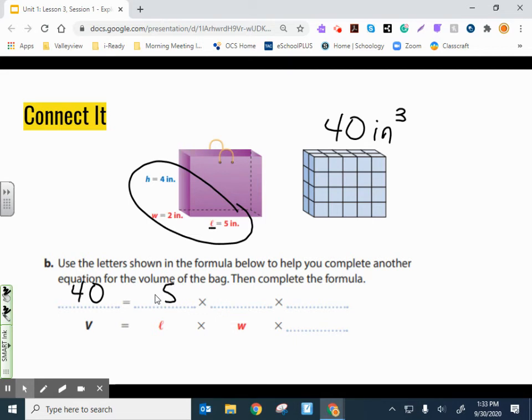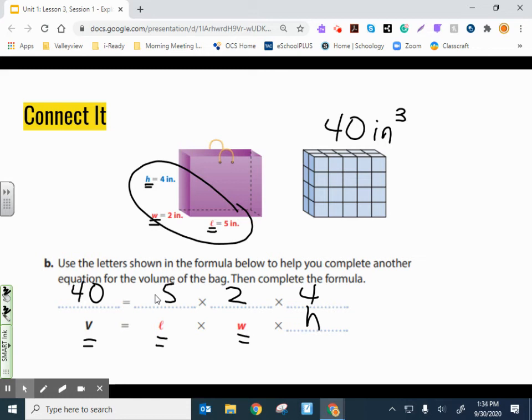Here's our L, so there's our 5. Here's our width, which is 2. And here's our height, which is 4. So we know volume, this V for volume, equals length times width times height. So that's where those formulas come from.